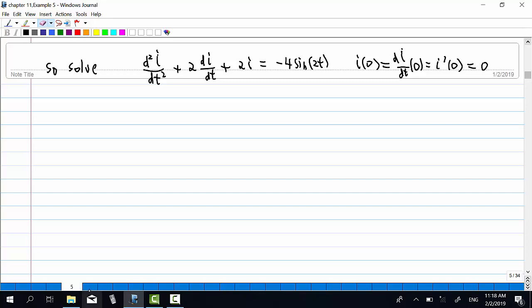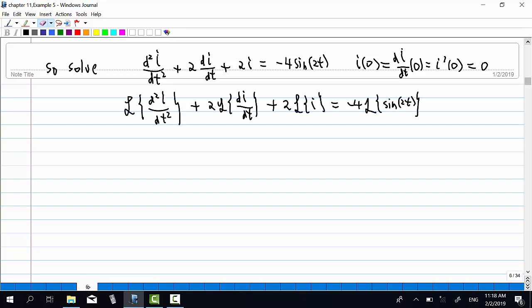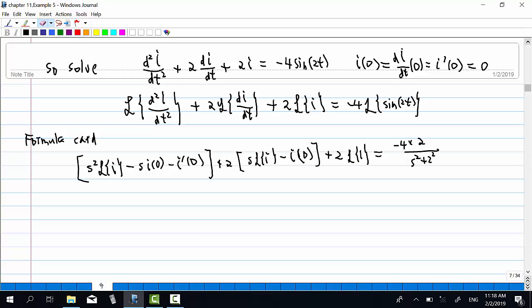You take Laplace transform of each term, then you find that Laplace transform of d2i/dt² plus 2 Laplace transform of di/dt plus 2 Laplace transform of i equal to minus 4 Laplace transform of sine 2t. Using the formula card, Laplace transform of d2i/dt² is s² Laplace transform of i minus s times i(0) minus i'(0).